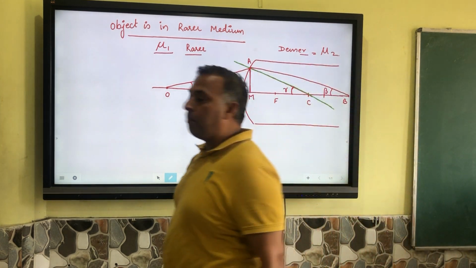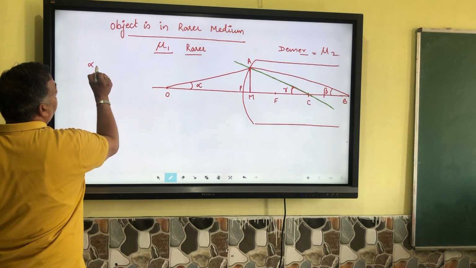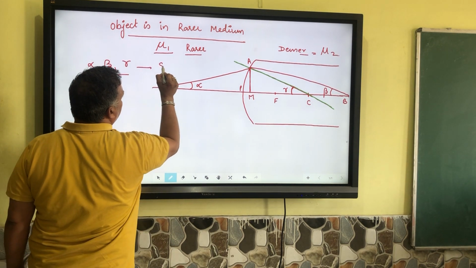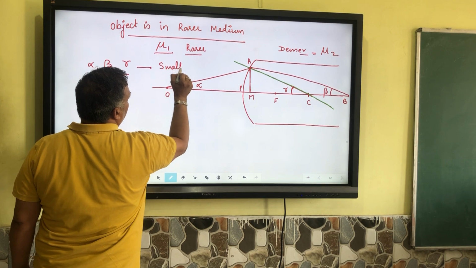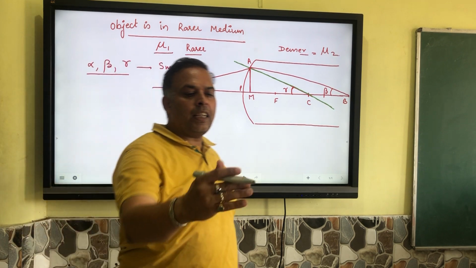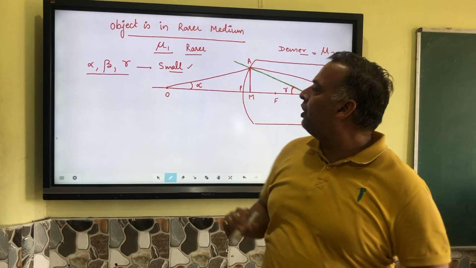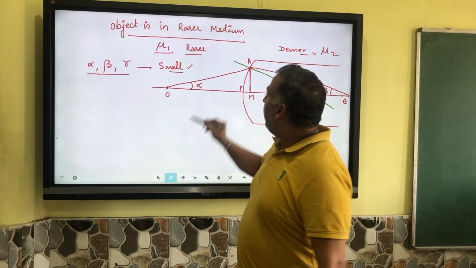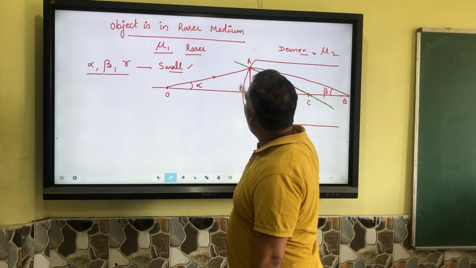We took three assumptions that the angles alpha, beta, gamma are very small. Here we have considered that the object is lying at O. The incident ray is going along OA.